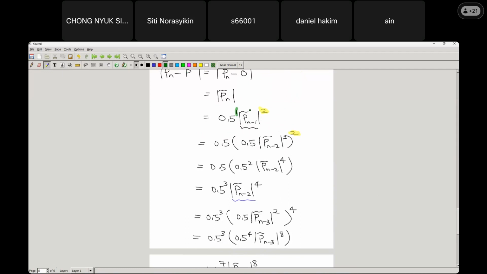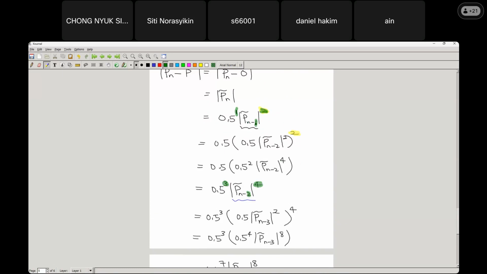Okay. And next I have Pn minus 1. Okay. And I have a square here. Okay. If I have 3, I have power of 4. Okay. And 1 here. Okay. 1. And this is 2. Pn minus 2.